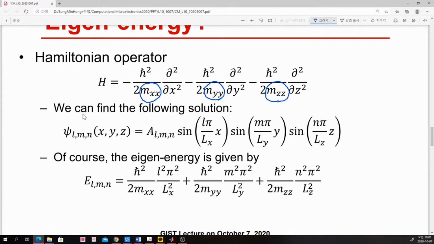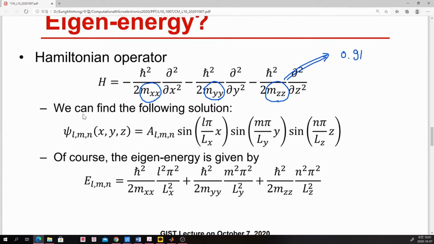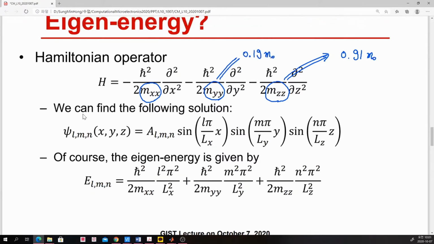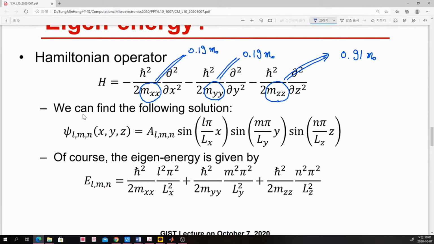In this case, for example, mzz can be quite large, close to the free electron mass, and the others can be quite small, just 1/5 of the free electron mass.